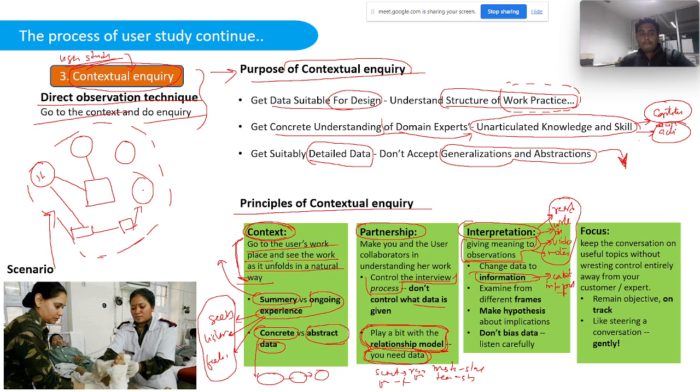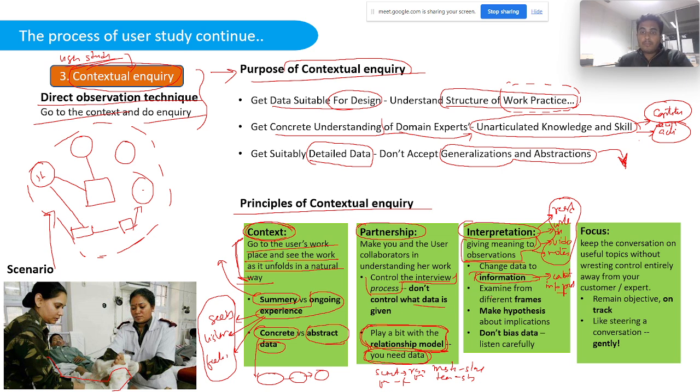For example, if you are seeing just data that this lady, the officer, is lifting the leg of that particular patient, she's helping this particular nurse. Okay, so that's data, but information is that there is lack of facility which can support the person lifting his leg.